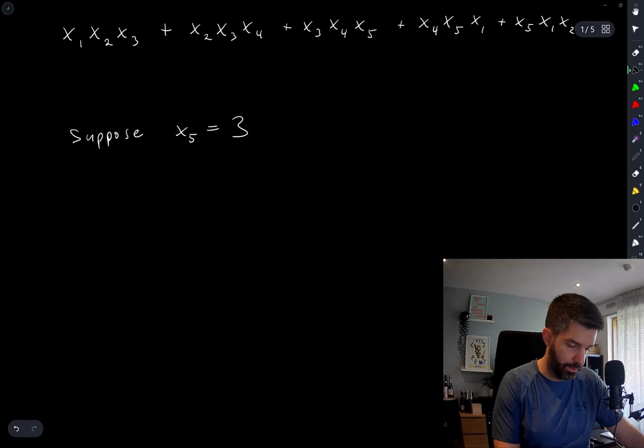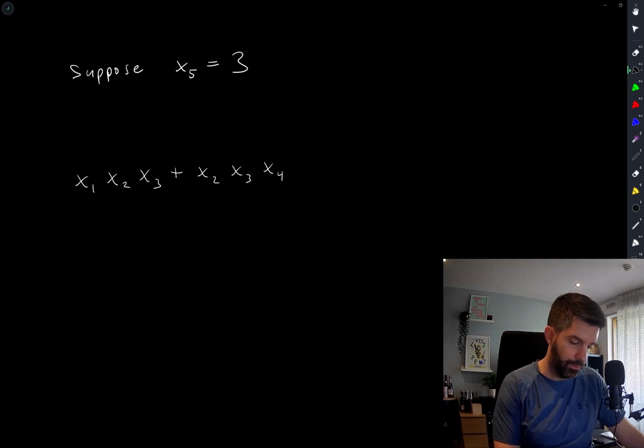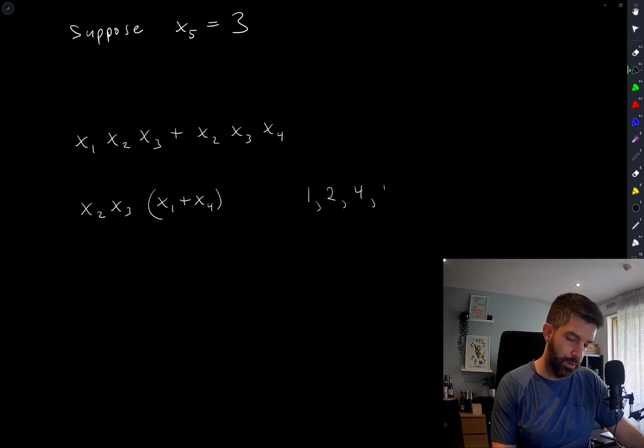Then I want x1, x2, x3 plus x2, x3, x4 to be divisible by 3. And this is equal to x2, x3 times x1 plus x4. Okay. And the numbers I have left to assign are 1, 2, 4, and 5.